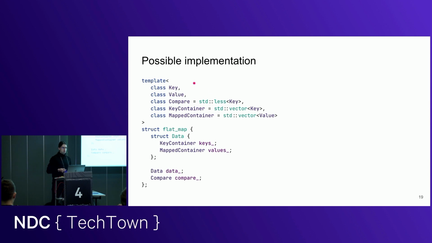Those are also copied from the standard, probably even with this capital stuff. And the limitations of those containers are the same as I said before for set, so for iterators and for the sequence of this container. Then we have a data structure that contains keys and values. We have data members, and we have a comparator.